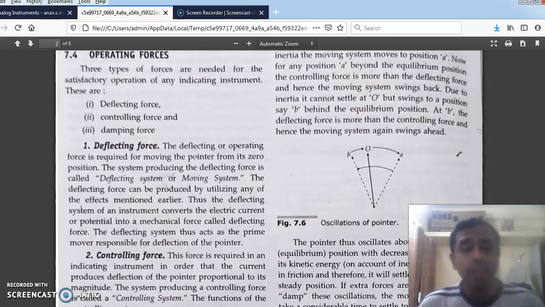So any of these effects, that is, a current carrying conductor placed in a magnetic field experiencing a force, inductive effect, electrostatic effect, thermal effect, or Hall effect, can actually bring in deflecting force. We will learn about the deflecting force when we come to the actual instruments. Depending upon the instruments, these deflecting force principles may change.